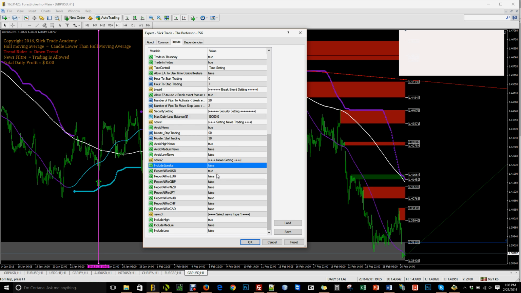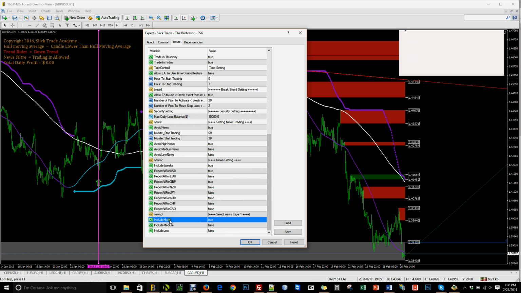For whatever chart you have up, in this scenario GBP USD, you'd want to set it true to USD and to the GBP. If you'd also like speeches in there, when speakers come on, you can set that to true as well.